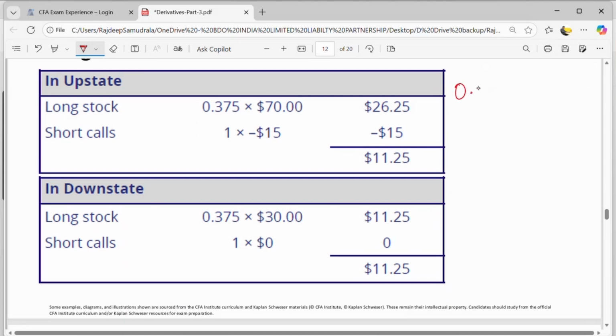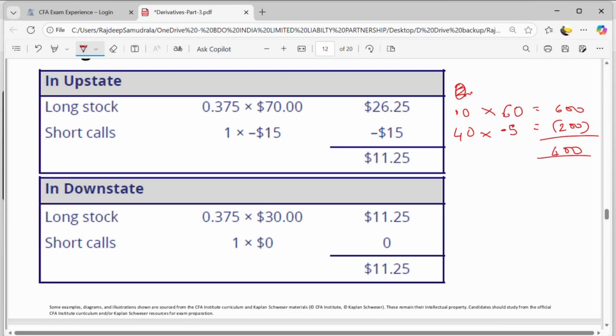So the value would be, I told you, 10 shares and 40 shorts. If it went up to 60, the value would be 600. But the call is giving you -5, so you are losing 200 there. So you will have 400 in your pocket.